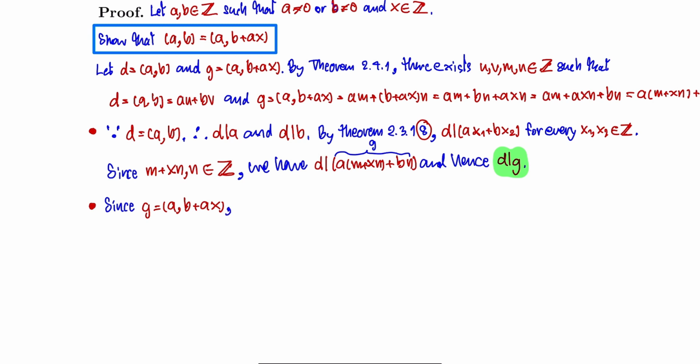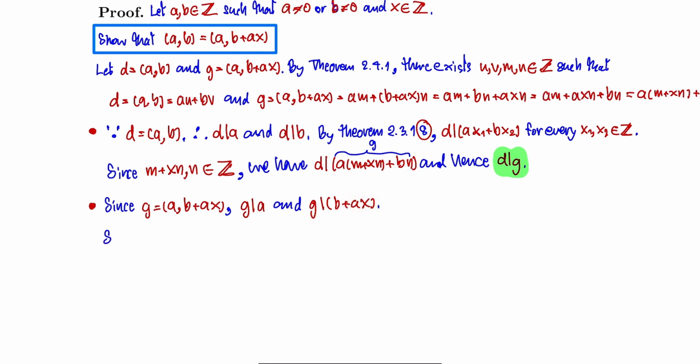We're going to have G divides a and G divides b plus ax. Alright. So what can we do next? The next thing we have to do is to take a look at G divides a. Why? Because it's obvious that G divides ax.